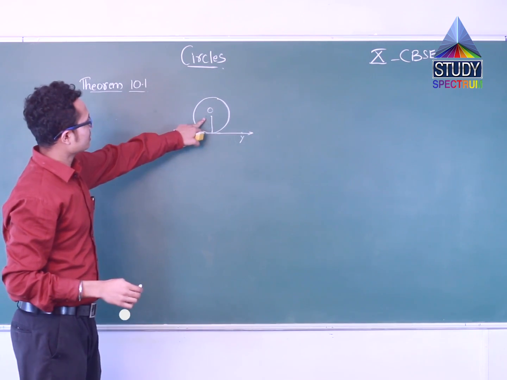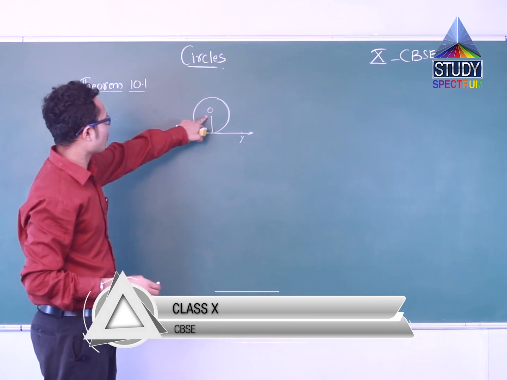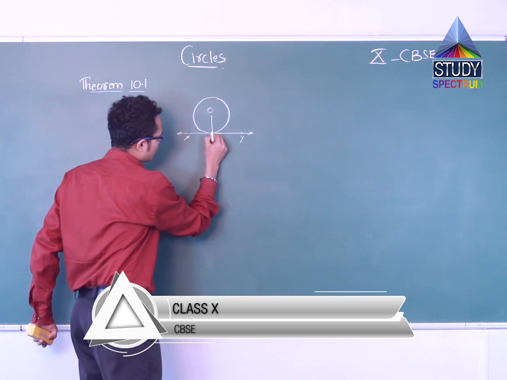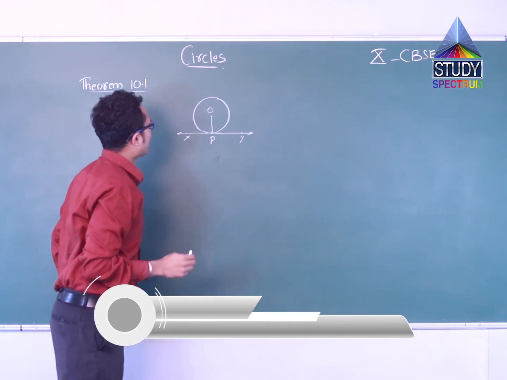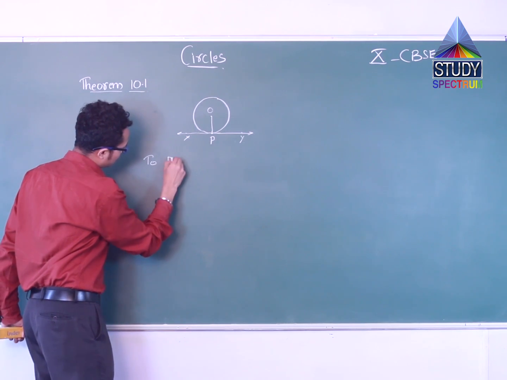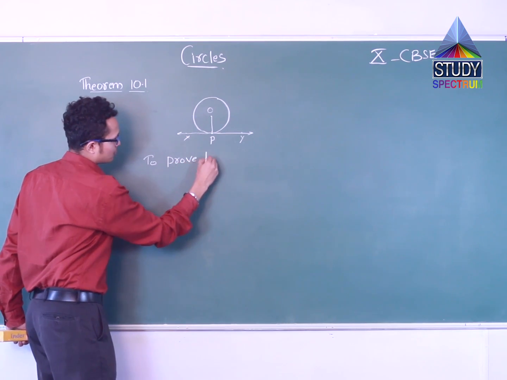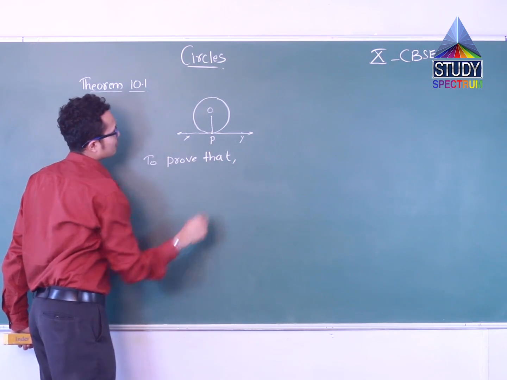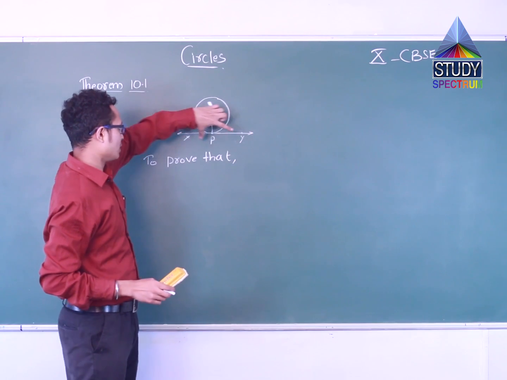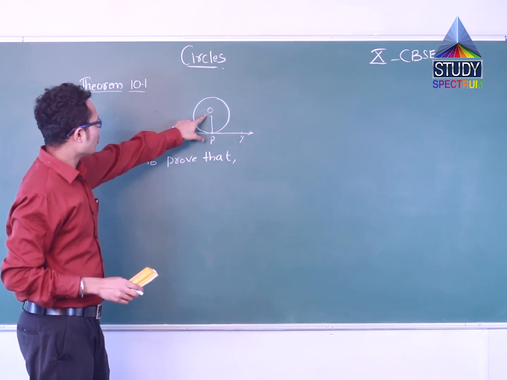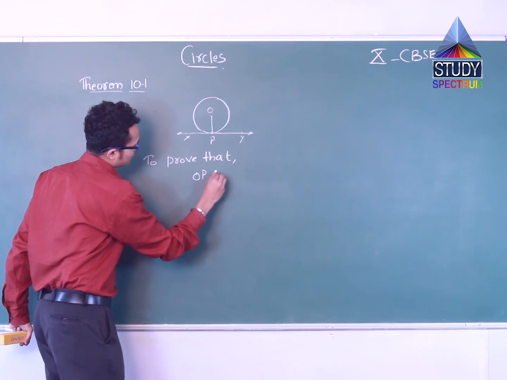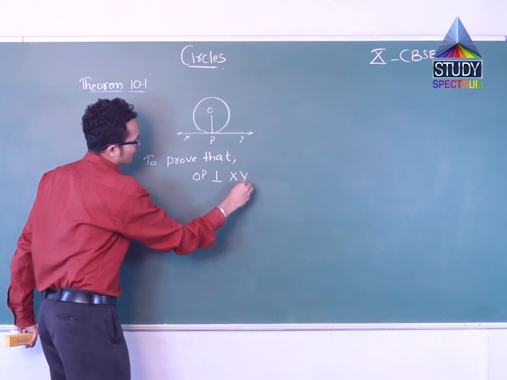The line which is dropped from point O onto the tangent, let me indicate at this point as P. To prove: OP is at right angles to the line xy, or OP is perpendicular to xy.